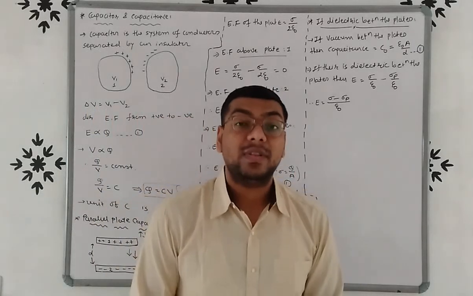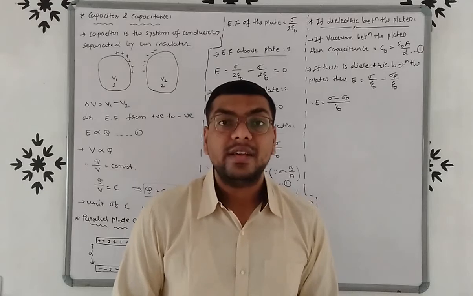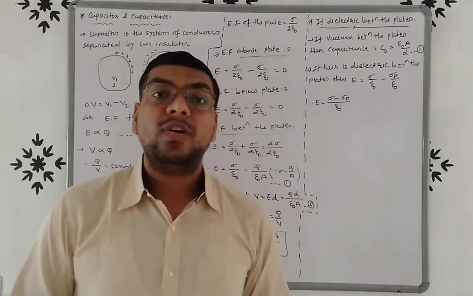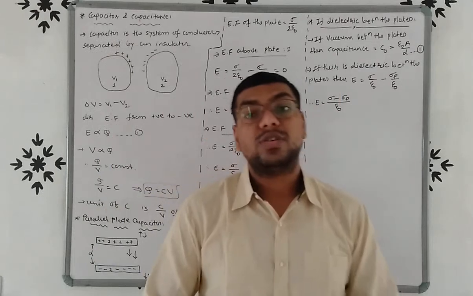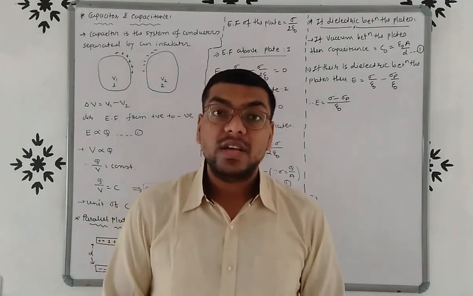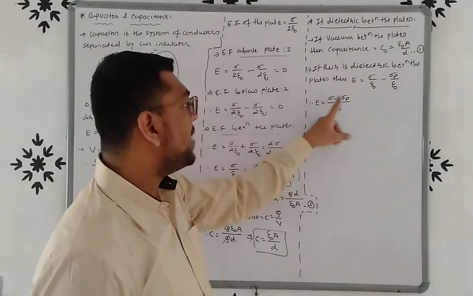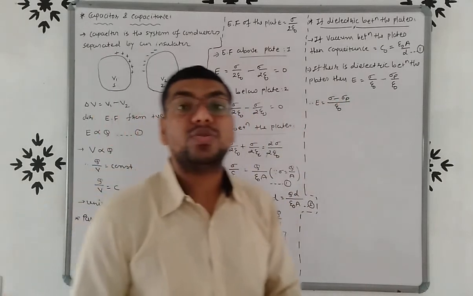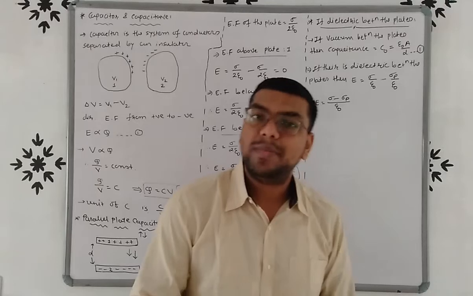Now we already know that sigma depends on the electric field E. So sigma minus sigma P also depends on the electric field. So for a dielectric we can write that sigma minus sigma P is equal to sigma by K. Friends, you have to remember this.